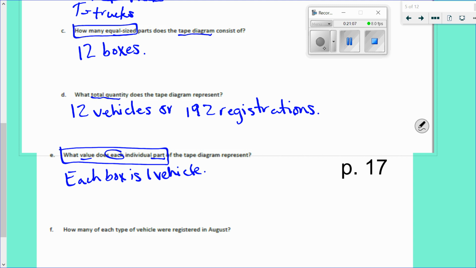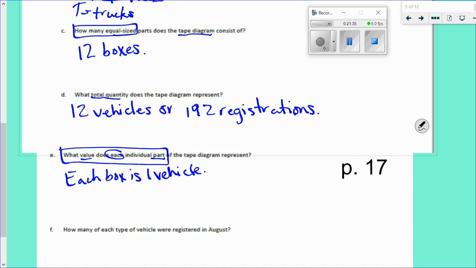Multiplying 192 by, so 192 times 1 is 12. Divide. Wesley?